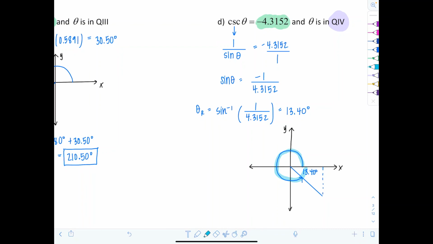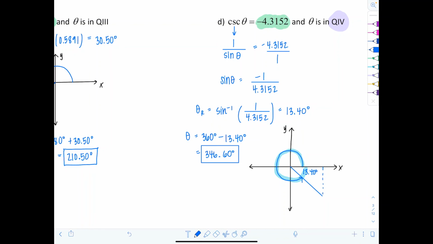But we didn't, we stopped short. We stopped short 13.40, so that means theta is equal to 360 minus 13.40, which gives us 346.60 degrees.